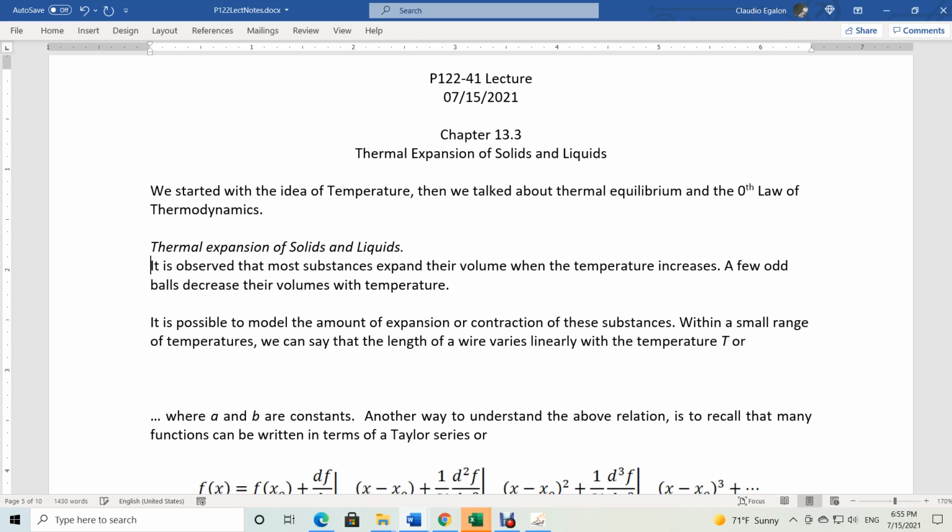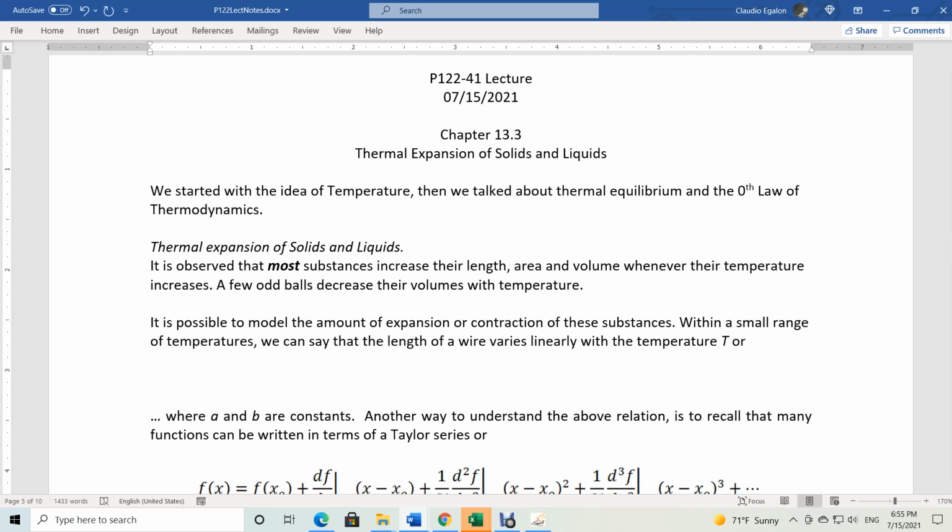Okay? So here you go. It's observed, and don't forget, most substances, not all of them, expand. Their volume or their lengths increase, let's put it this way, they increase their lengths, area and volume whenever their temperature increases.